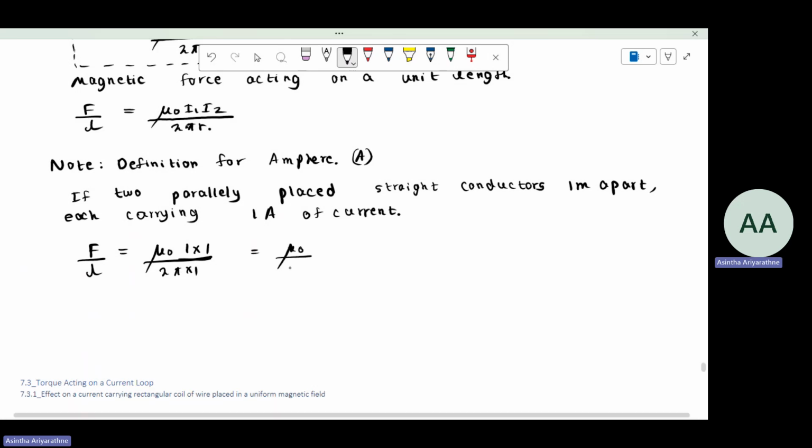So mu naught over 2 pi, which is 4 pi times 10 to the power minus 7 over 2 pi, so 2 times 10 to the power minus 7.